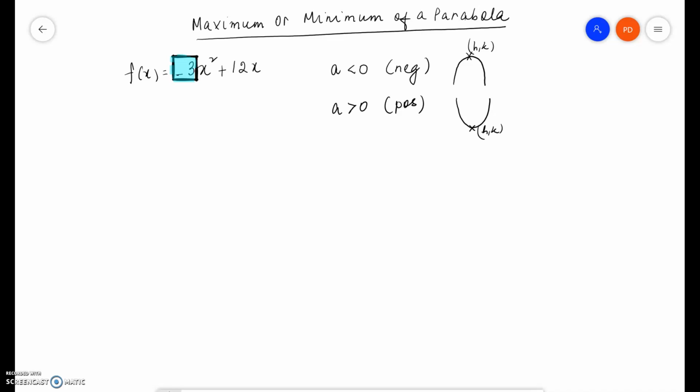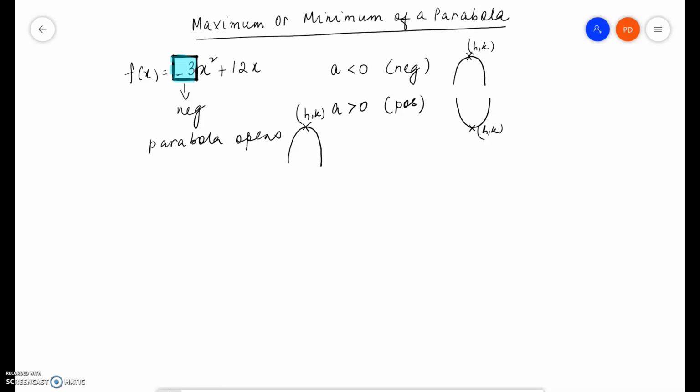Now in this case, since a is negative, we know that the parabola opens downwards, and therefore the vertex of the parabola is a maximum. So we can find the vertex of the parabola in two different ways.